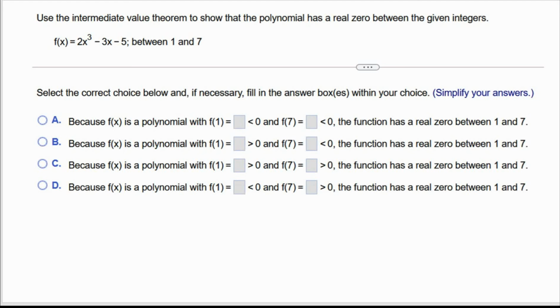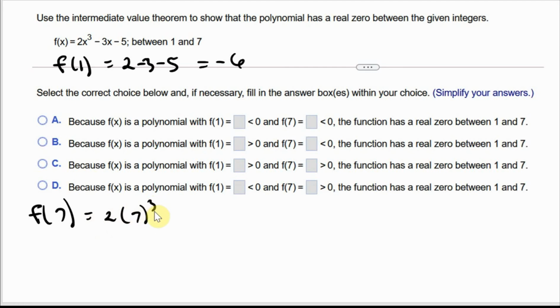So let's see. We find f of 1. That's going to be 2 minus 3 minus 5. So that's negative 1 minus 5, negative 6. Good. And then we find f of 7. That's 2 times 7 to the third minus 3 times 7 minus 5, and that is 660.